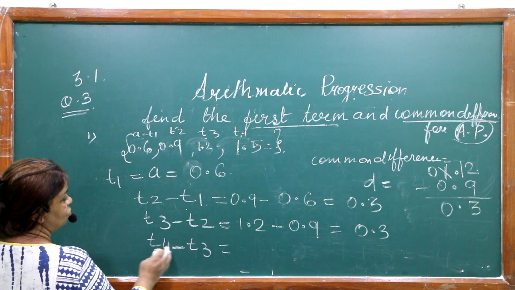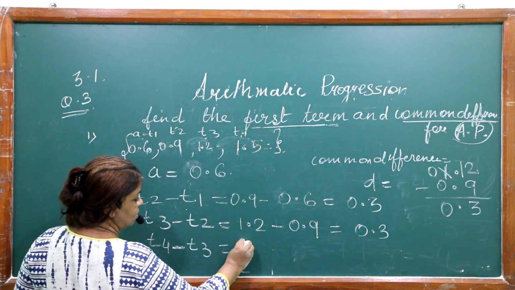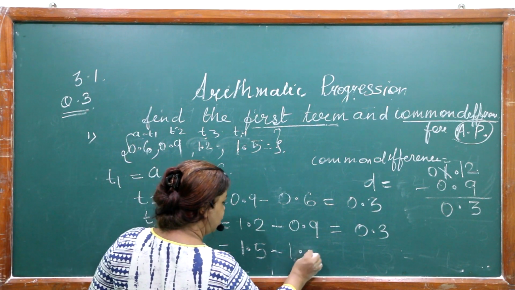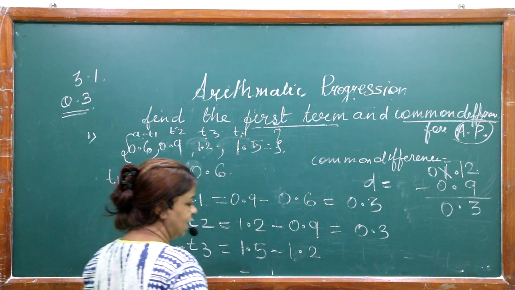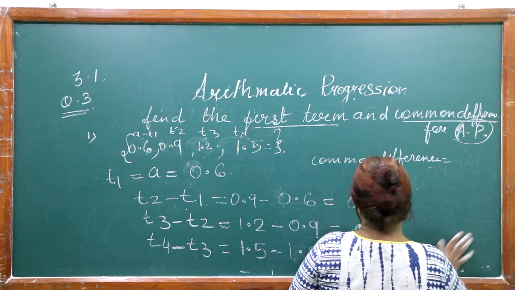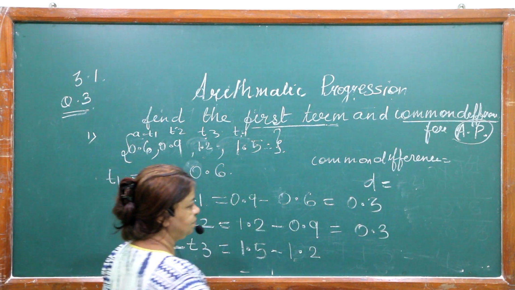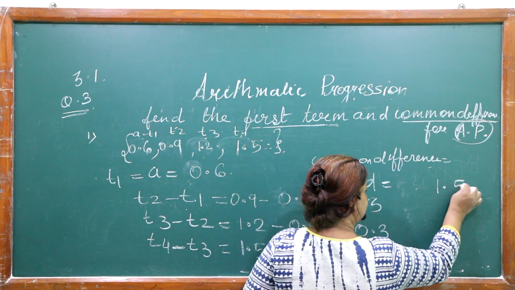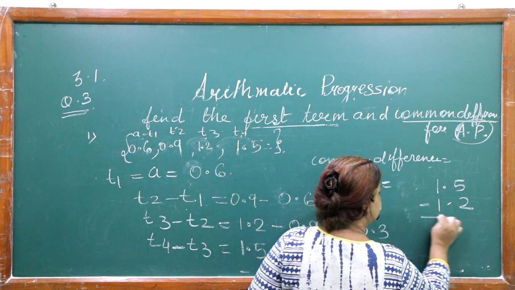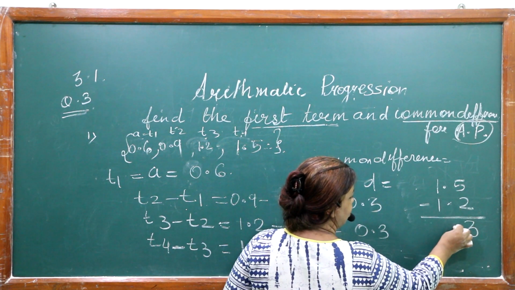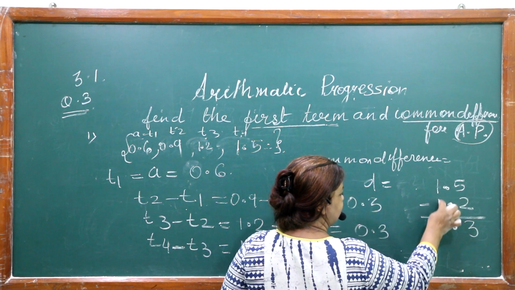Now next, T4 minus T3. T4 is 1.5 minus T3 is 1.2. It's very simple, directly you can do. See, 1.5 and 1.2: 5 minus 2 is 3, below point will come point, 1 minus 1 is 0.